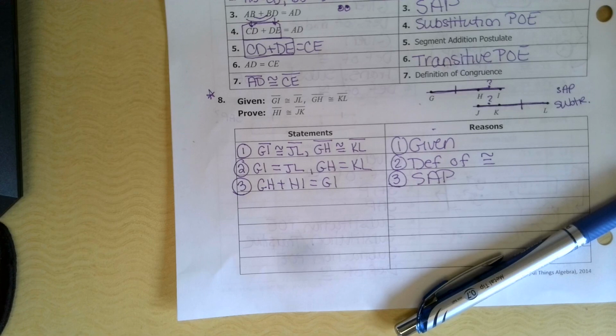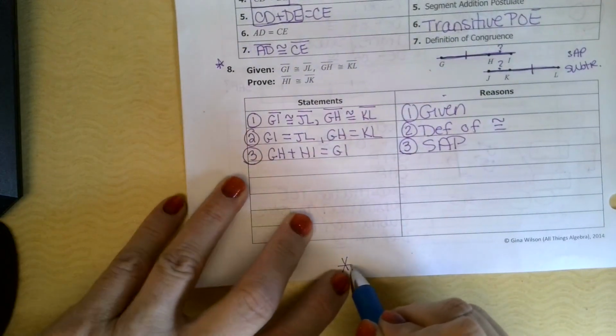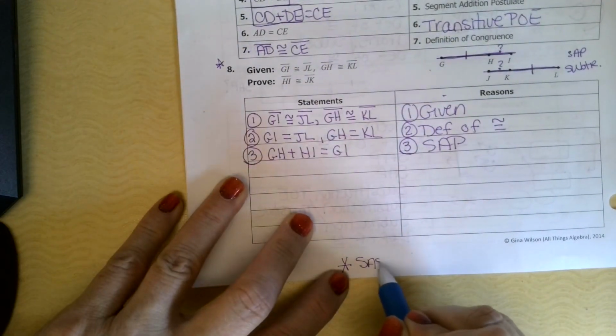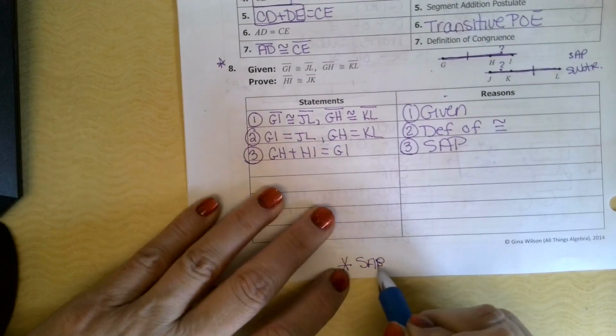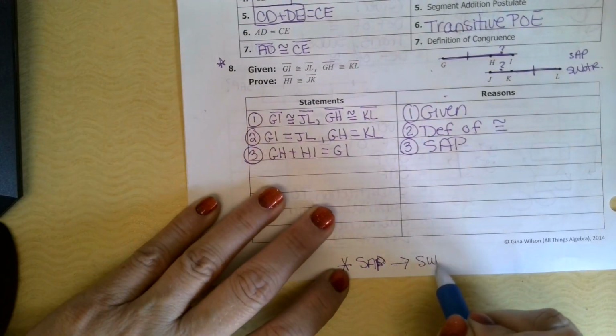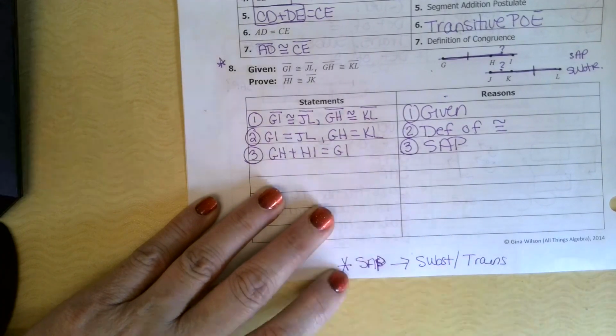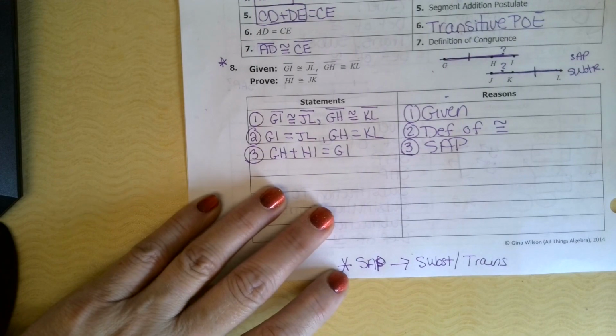Most of the time, I can't say all the time, most of the time, substitution or transitive will follow segment addition postulate. That's a tip trick. So most of the time when you have SAP, it's going to be followed by substitution or transitive. Okay, most of the time, not every time.